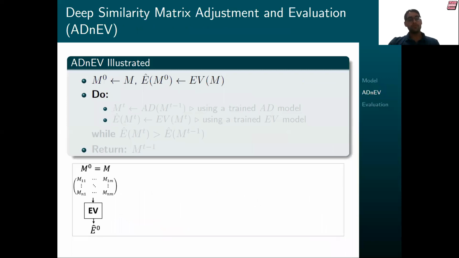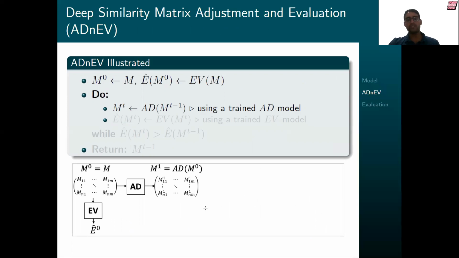The input for our algorithm is a similarity matrix, and its initial step uses a trained neural evaluator to evaluate the given matrix. Then, we adjust the similarity matrix using our pre-trained neural adjuster and check whether the adjusted matrix is better using our pre-trained evaluator.